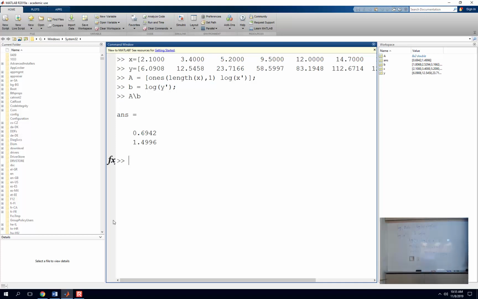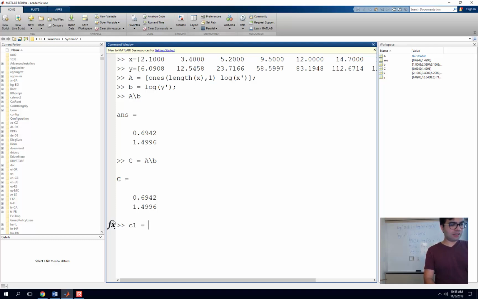This one is D, this one is C2. So the first element is D, second element is C2. So if I call this C equal to A backslash B, right, I'll have the two elements. The first element of C is D, the second element of C is C2.